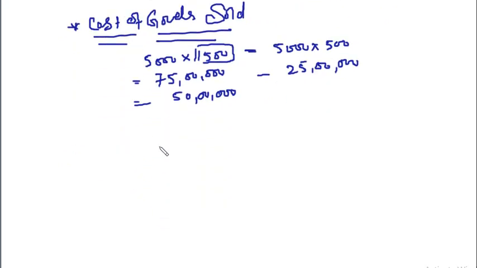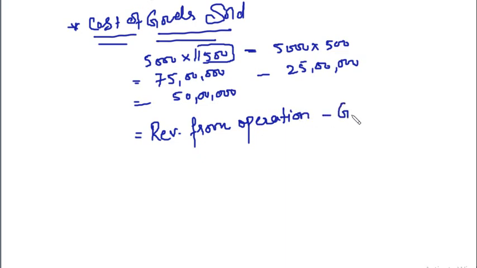Right? So its formula, if you talk in the formula terms, is revenue from operations. Revenue from operations means revenue from selling 5,000 t-shirts at the rate of rupees 1,500, minus gross profit. Profit is 500 rupees in those t-shirts.